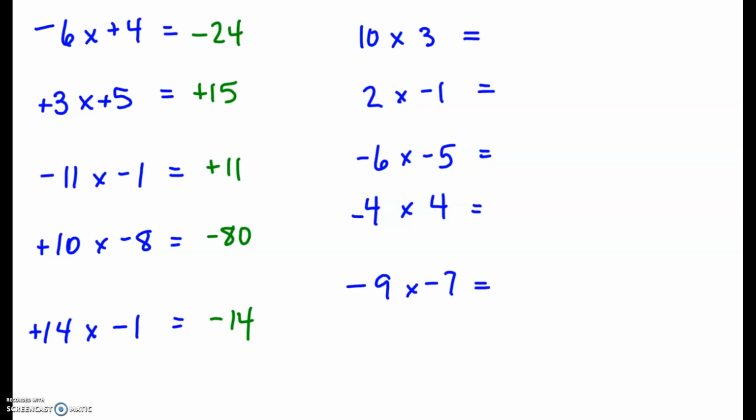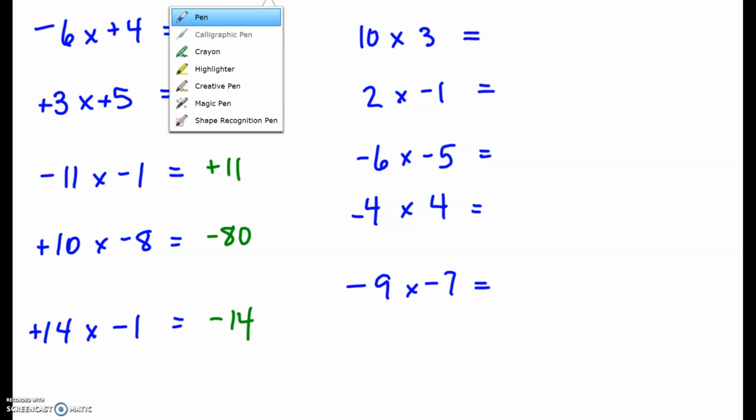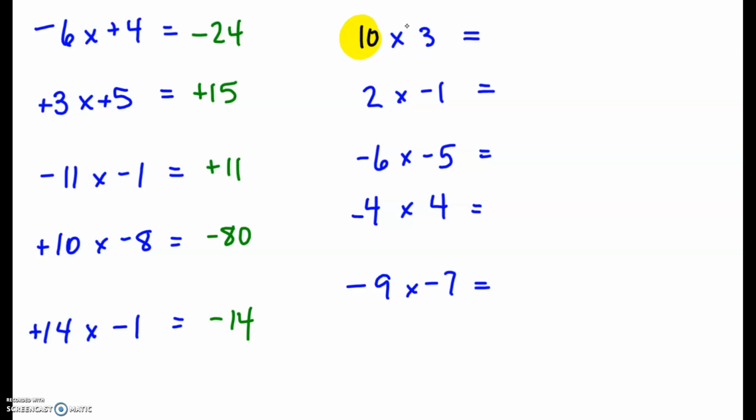Now, numbers that you've experienced so far, aside from doing a little bit of work with negatives in grade 7, usually, like this very first question here, and also here, these whole numbers do not have a sign in front of them.